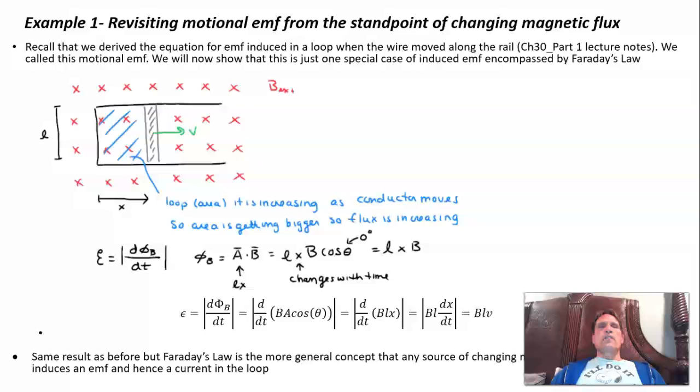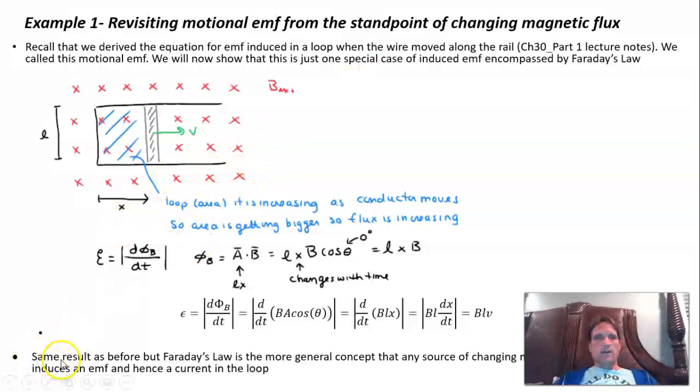So let's go back to our motional EMF problem that we did back 2 days ago. So here we have the loop. Remember, here we had the conducting bar, the conducting U here, and then we had the bar. Remember, the bar was moving.